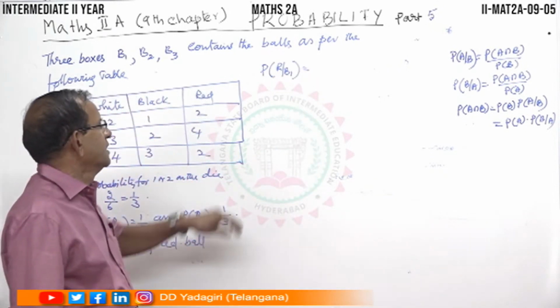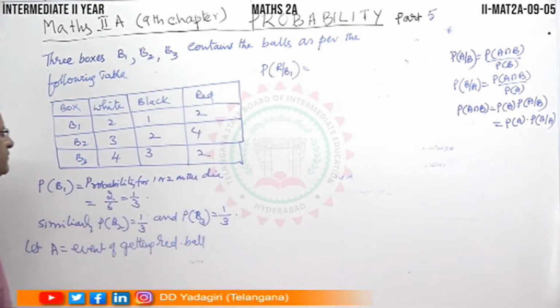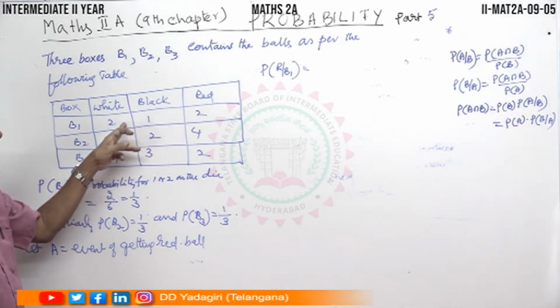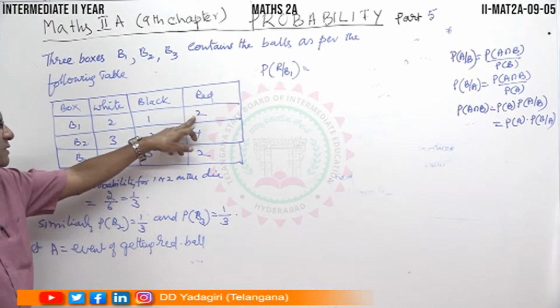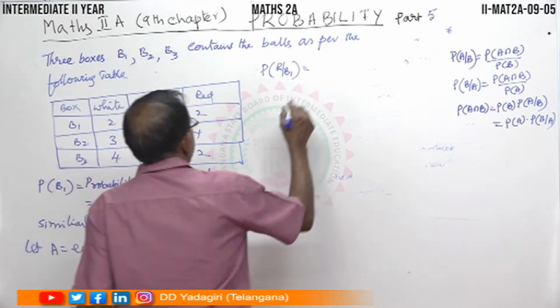That is the probability for a red ball from box 1. How many balls are there? 2 plus 1 plus 2, 5 balls are there. Out of the 5 balls, 2 are red. So the probability for a red ball from the first box is 2 by 5.